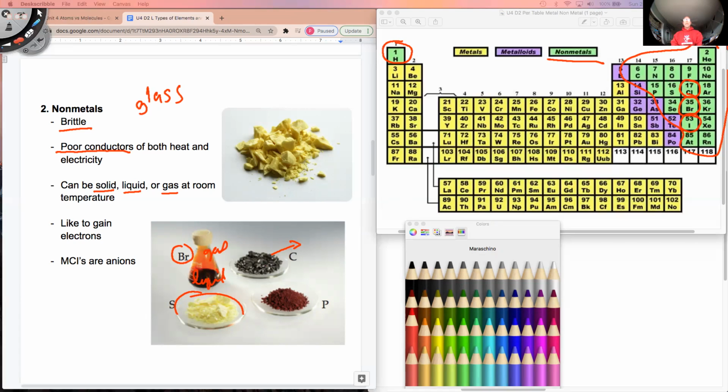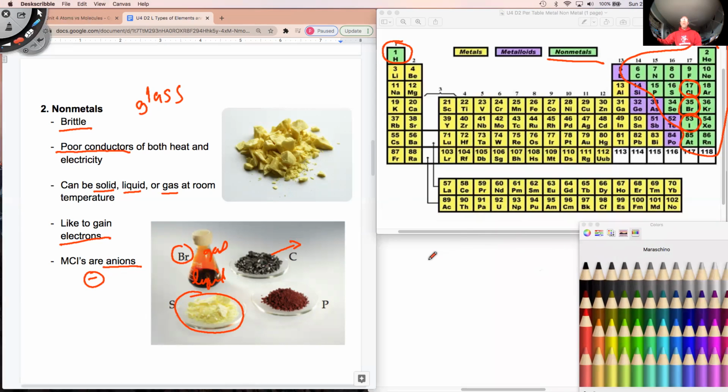Now, generally speaking, ladies and gentlemen, nonmetals like to gain electrons. What do we mean by gain electrons? Exactly what it says. They like to take electrons in. Their MCIs, their most common ion, they're anions, which means they're normally negatively charged. For example, fluorine is sitting here with 7 valence electrons, right?